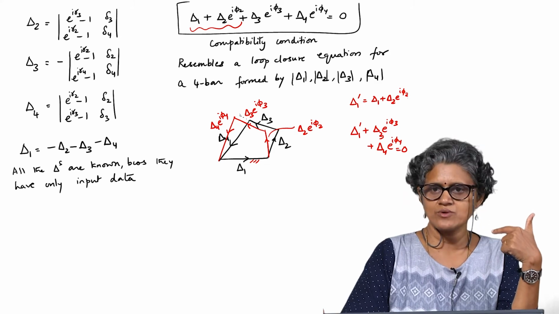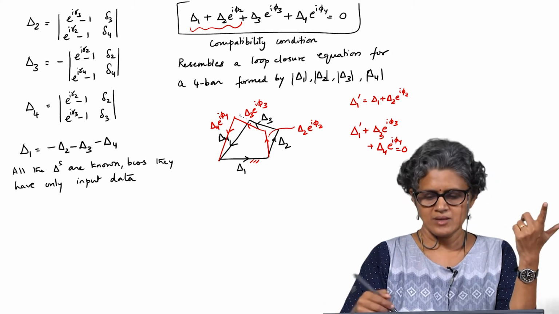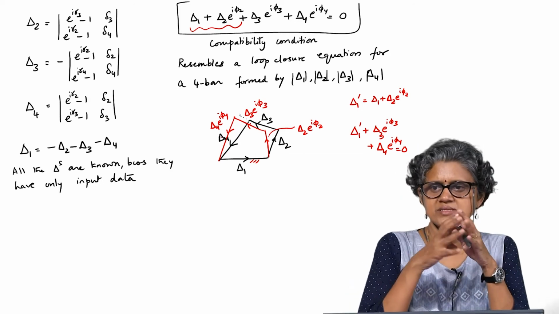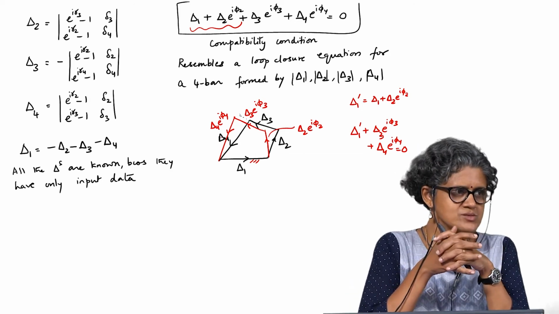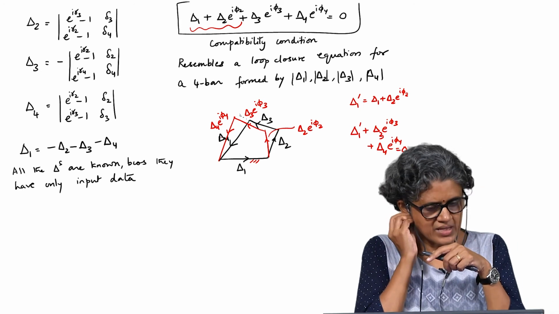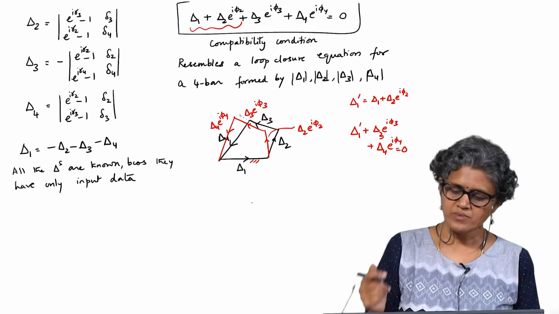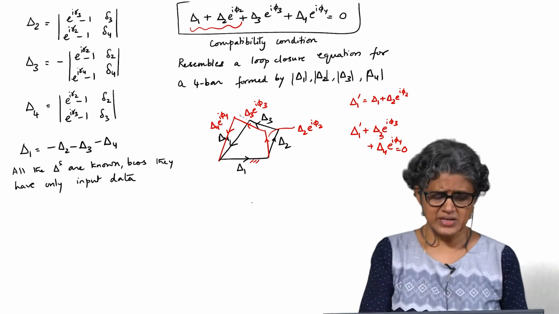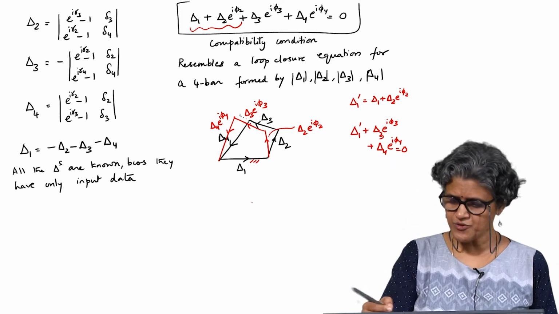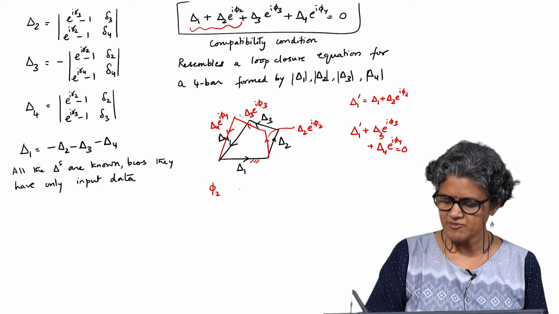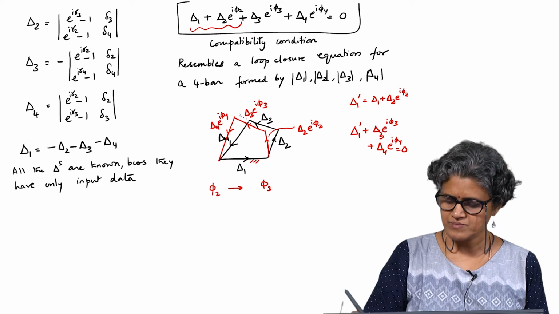That is another way you could do that, but I think it is useful to have this 4 bar position analysis code. And the circ command makes it really easy to write. So, you solve this compatibility condition, and for each phi 2 I will get a phi 3, phi 4 and a phi 3 dash, phi 4 dash.